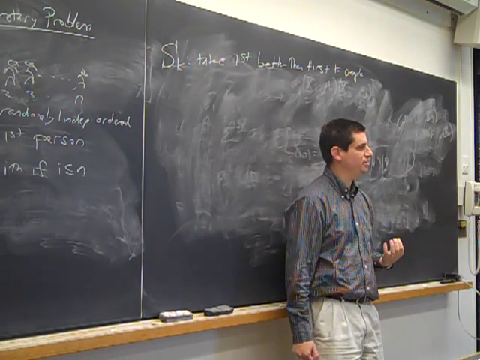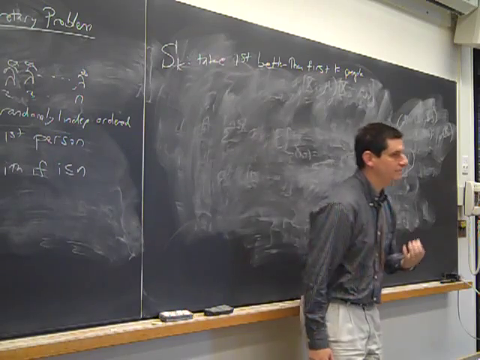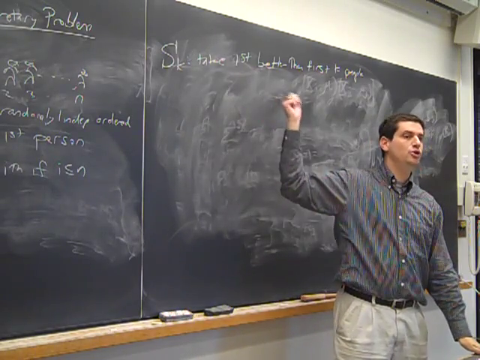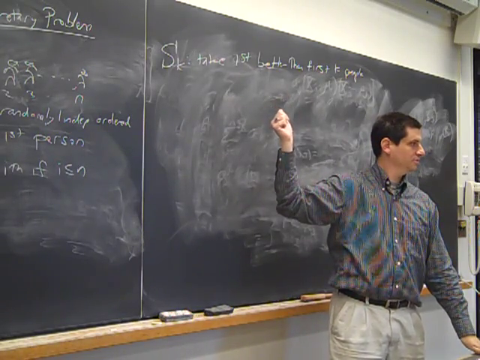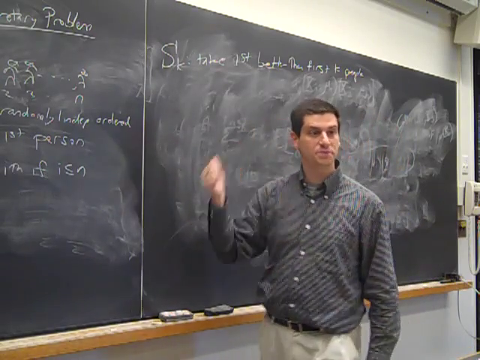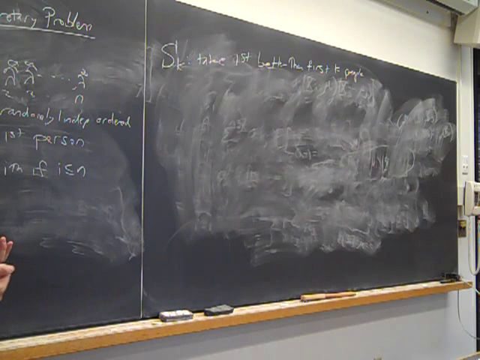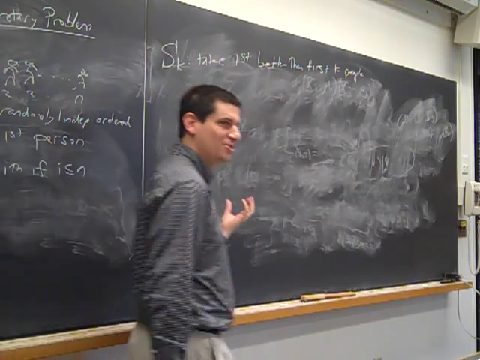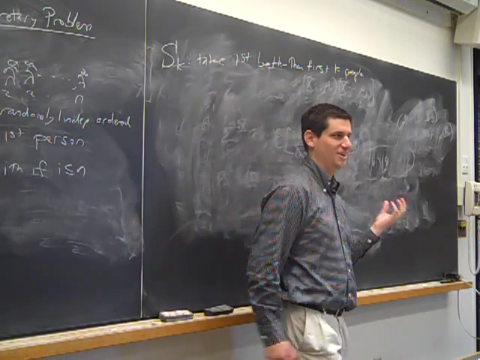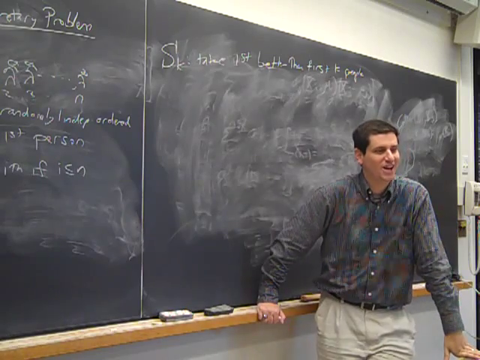How well do you think this strategy does? Because if the best person is in the first k, you automatically lose. You have no chance of winning if the best person happens to fall in the first k. Do you think I can get over, like, 1 over square root of n? I think only one person thought I could do that well. How high do you think I can go?